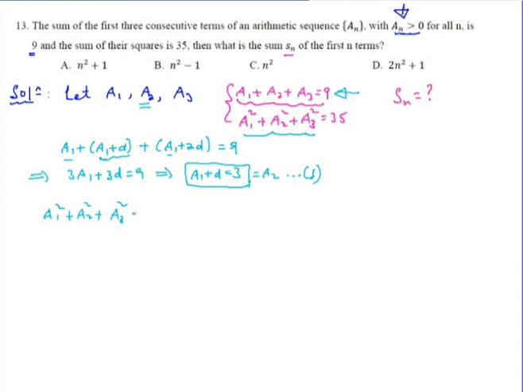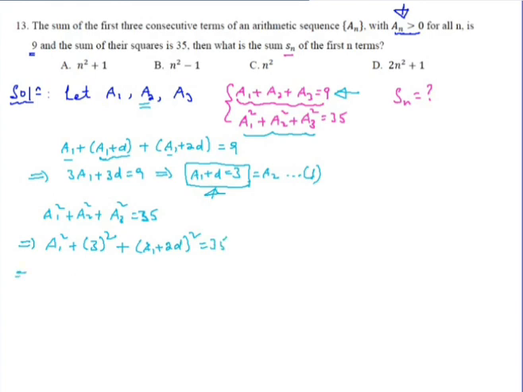In place of A2 we can put A1 plus D, which is 3. A2 is 3, we have found this. Plus A3 is written as A1 plus 2D, the whole square, is equal to 35.